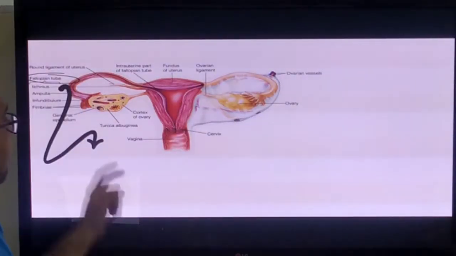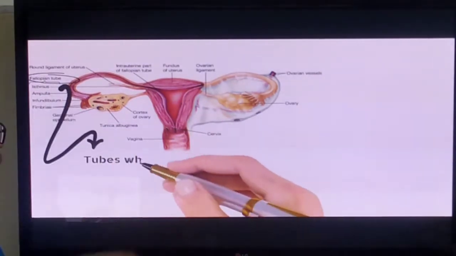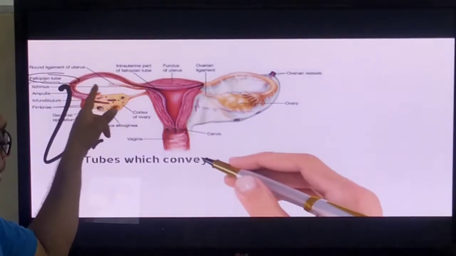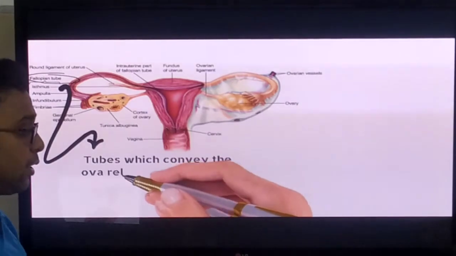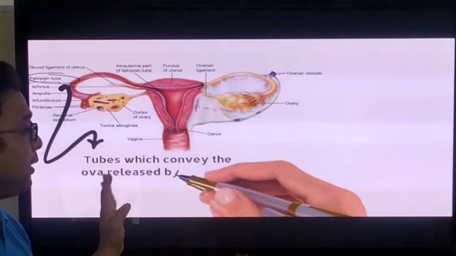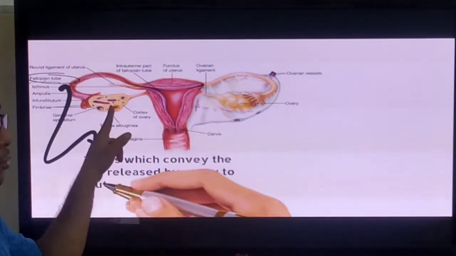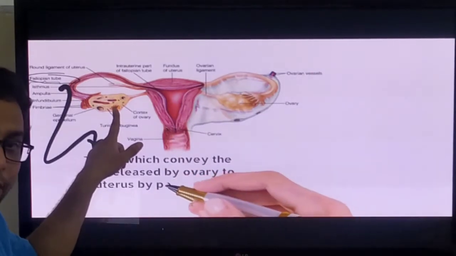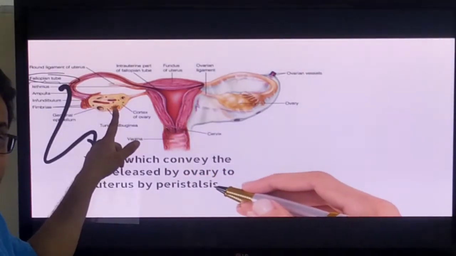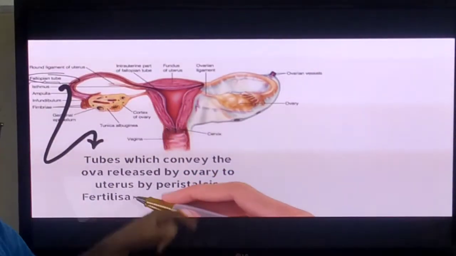Now we discuss the structure of the fallopian tube. This is a tube-like structure. What is its function? It conveys the ova released by the ovary. So the ovary releases the ova, but they are transported by the fallopian tube.